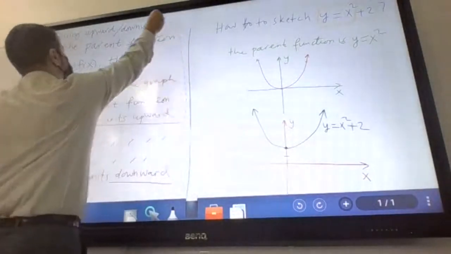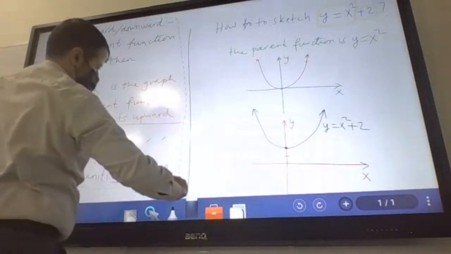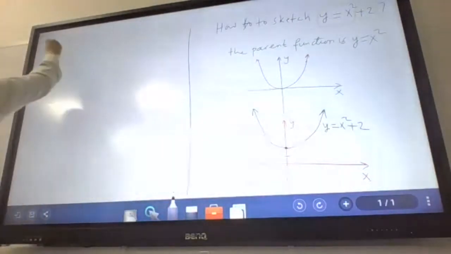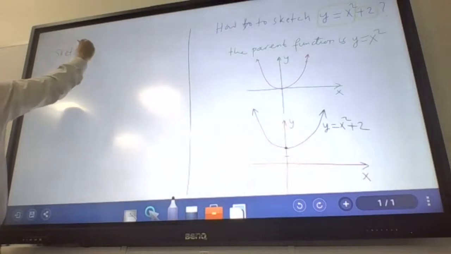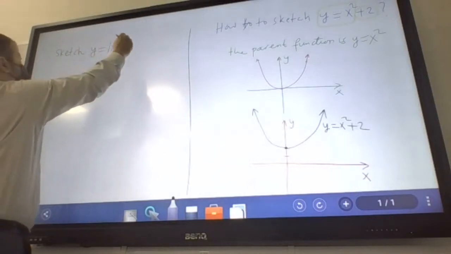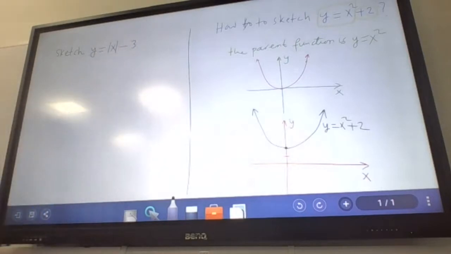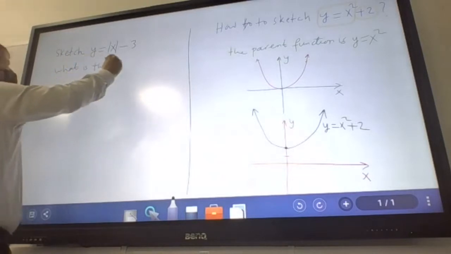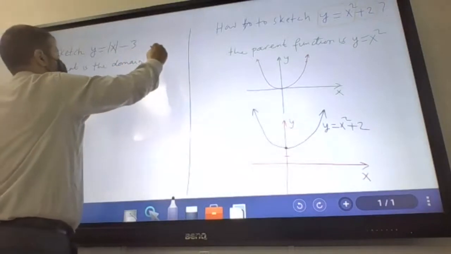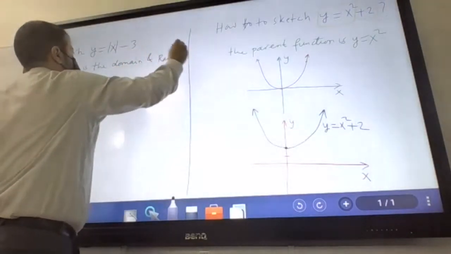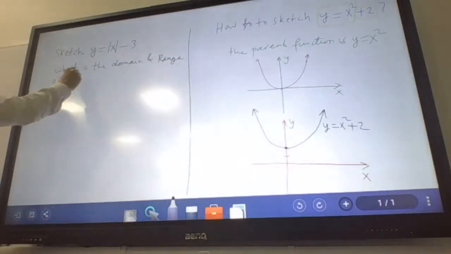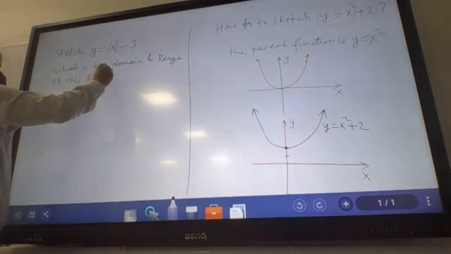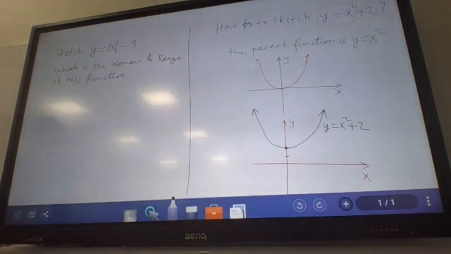What about absolute value of x minus 3? So go to the parent function.